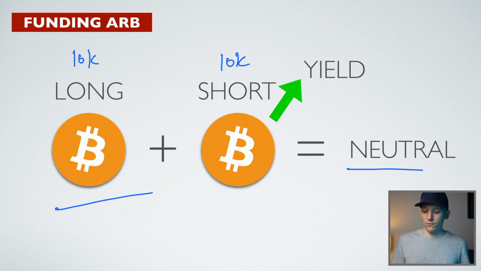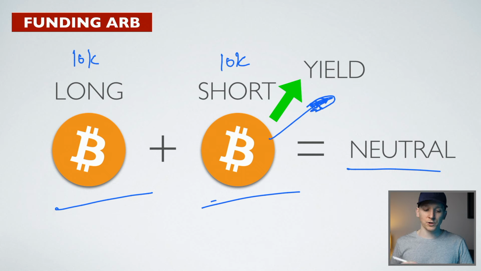So in general, you should have a neutral position. You're not actually taking a delta position, where you're either long or short on Bitcoin. You should be, for the most part, long 10K and short 10K, meaning that the price isn't going to make a profit or a loss for you. But what you can do is collect the yield that you're getting from that short position.